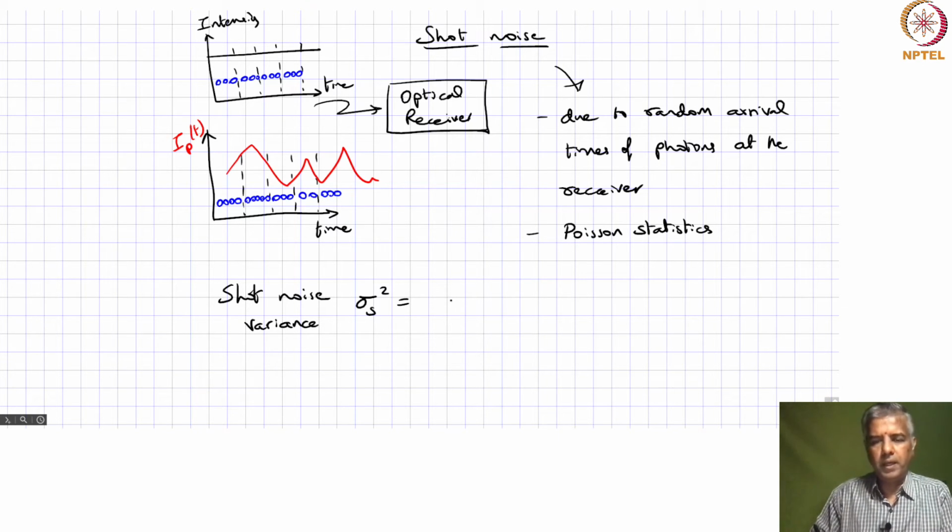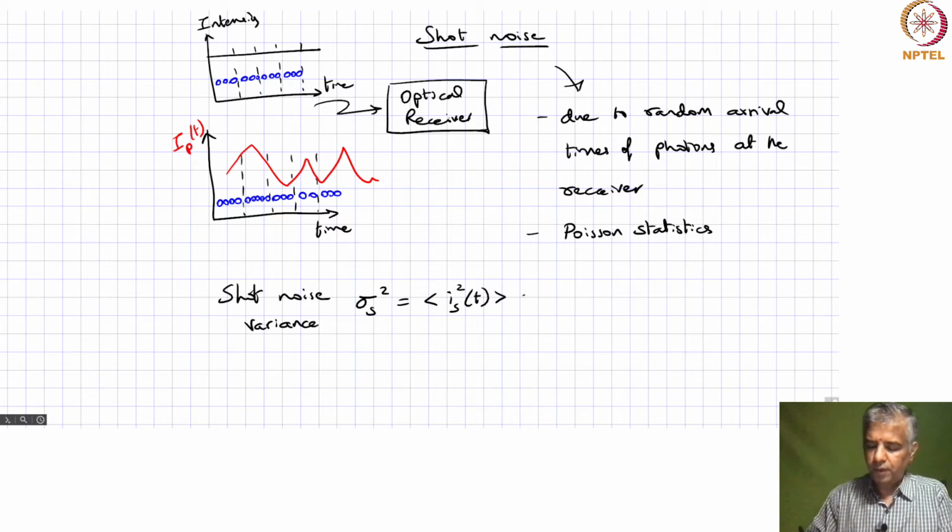Where do we get that from? Well, we can get it from the photocurrent that's generated because of the arrival of the photon. So you can say it's an ensemble average of i_s square of t, where i_s corresponds to the signal photocurrent that we are generating.